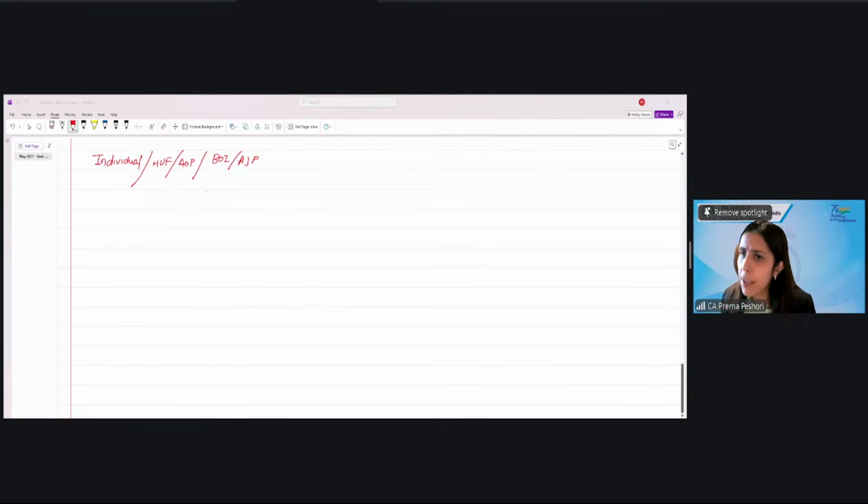So it is functioning for the benefit of members only. They will get the membership charges from the members, and then they will give the services to the members only. Right? So that can be formed in the way of a BOI. That is not a partnership. So AOP or BOI are basically persons.